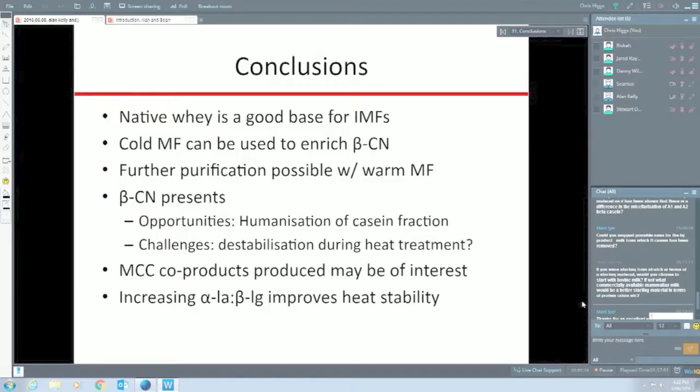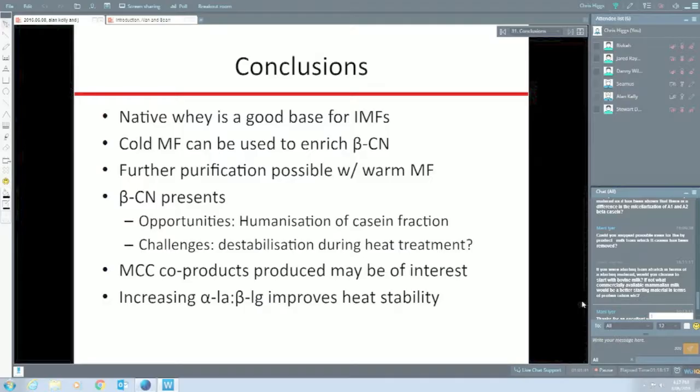And what are the potential applications and benefits for the retentate from the cold MF process? Yeah. So one is the improved meltability and improved heat-induced functionality of cheese. Because beta casein is quite hydrophobic, and on heating it tends to associate.